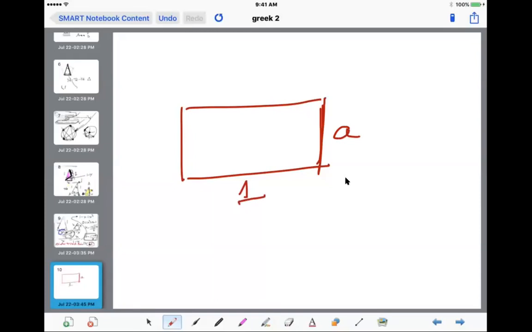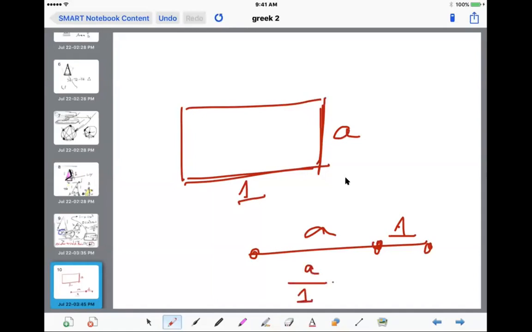If I have a line segment, and there's a point on the line segment so that the ratio of the big side to the small side is equal to the ratio of the entire thing to the big side, that ends up being about 1.62.